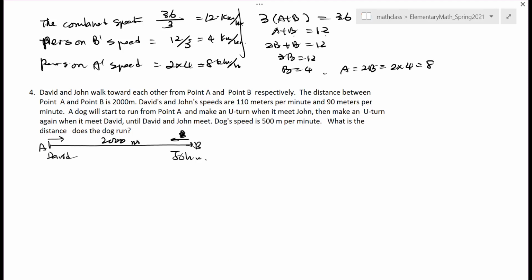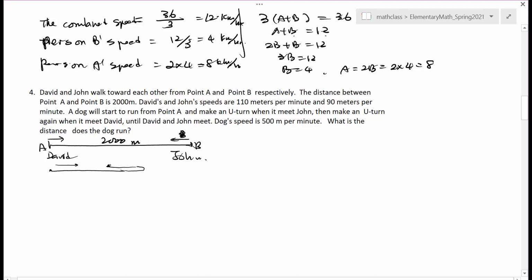So what does that mean? The dog will start from point A. The dog's speed is faster than David's, 500 meters per minute. So the dog is going fast, David going this way, and the dog from A. We make a U-turn when the dog sees John, and then go back to see David.